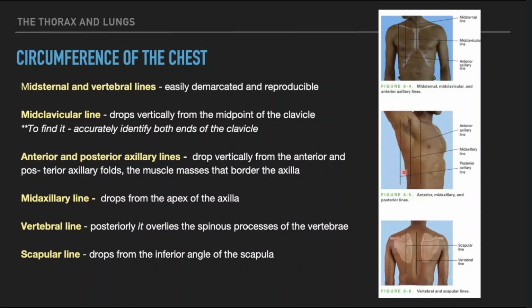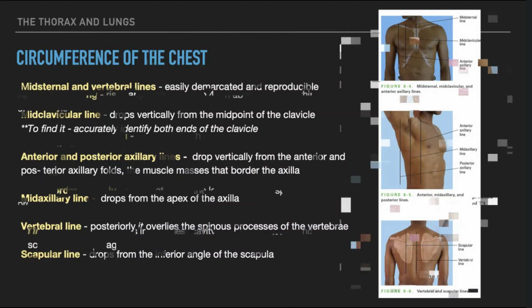The axillary line drops from the apex of the axilla down. While the vertebral line, as mentioned earlier, overlies the spinous processes of the vertebrae, the scapular line drops from the inferior angle of the scapula, as seen here.